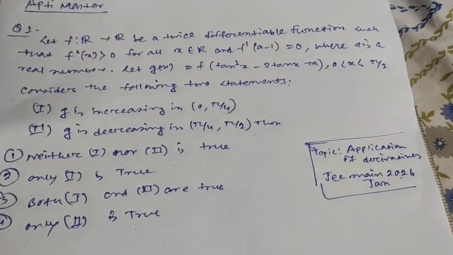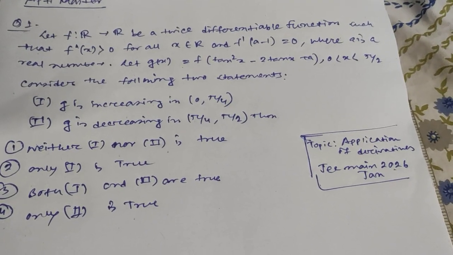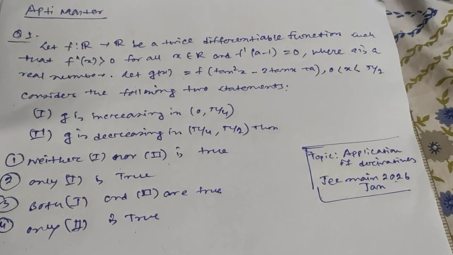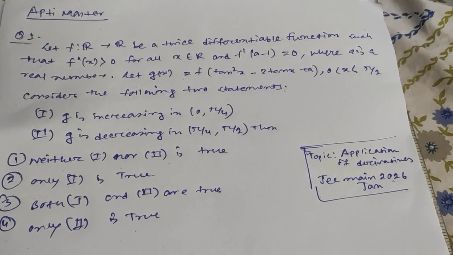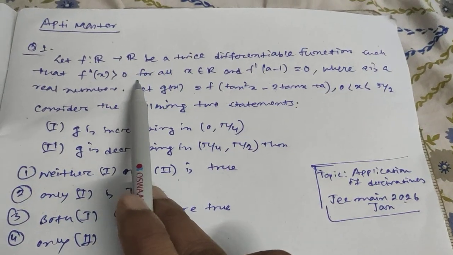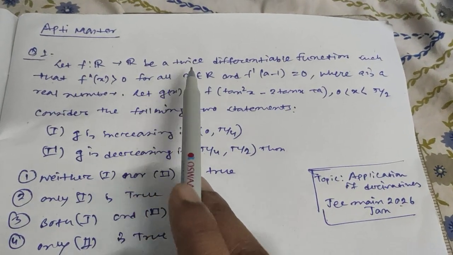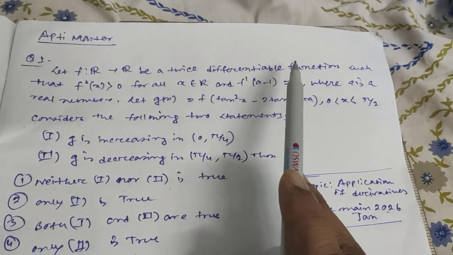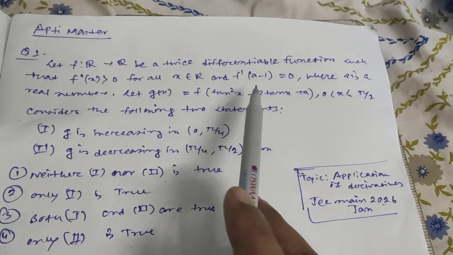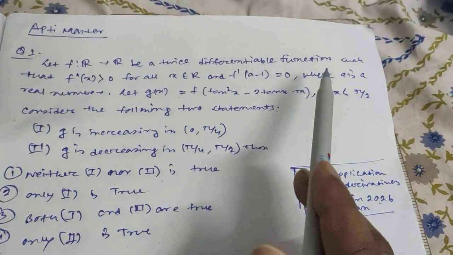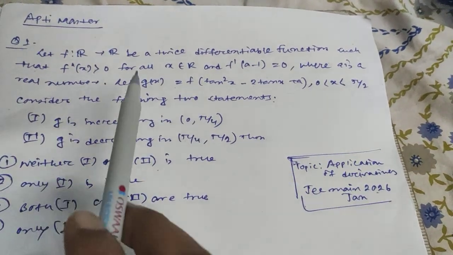So let f be a twice differentiable function from R to R such that f double prime of x is greater than 0 for all x in R, and f prime of the quantity a minus 1 equals 0, where a is a real number.